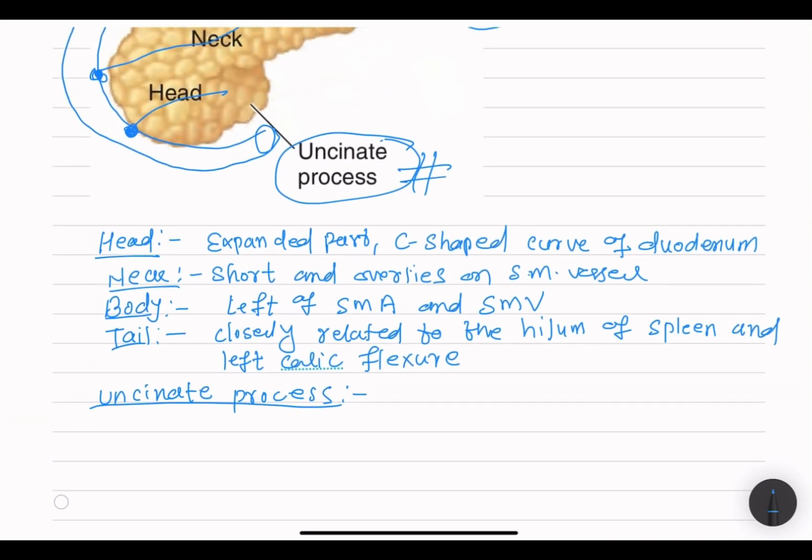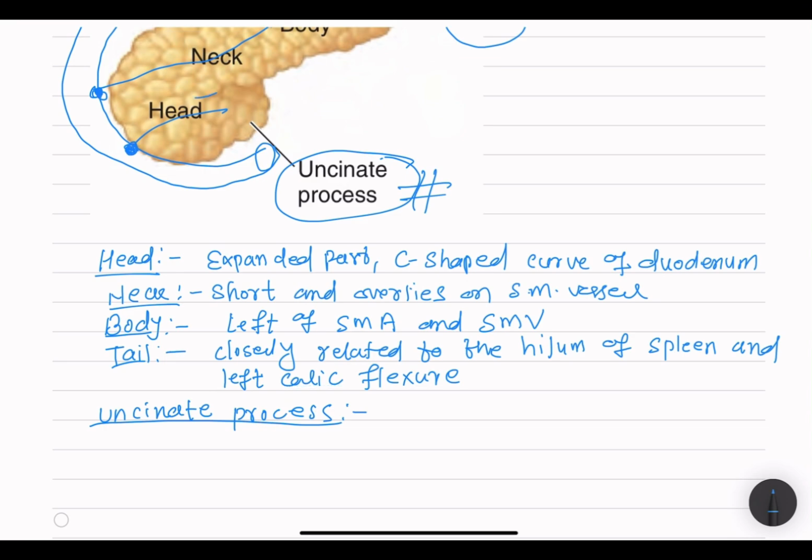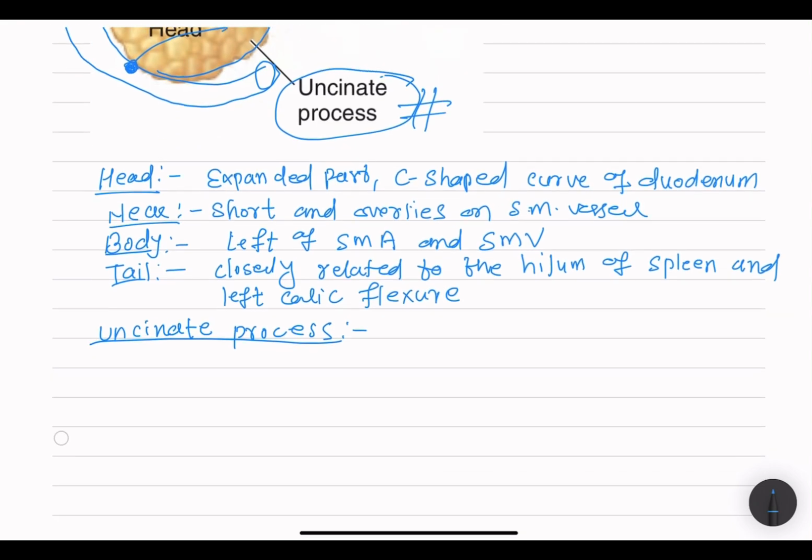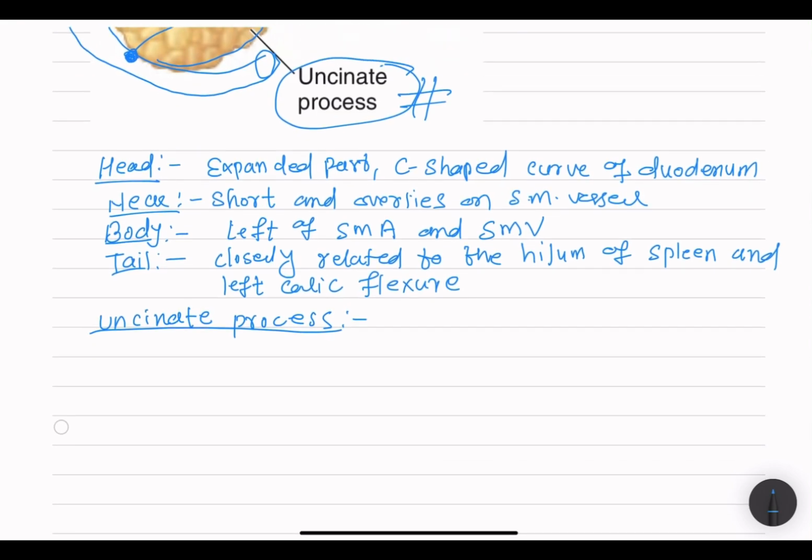So we can see this is the projection of pancreas from the inferior part of the head of pancreas, and we have to also know where this extends. It extends medially to the left, posteriorly to the superior mesenteric artery. We'll observe later.